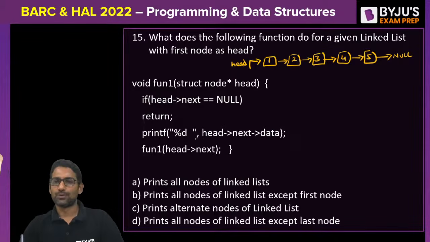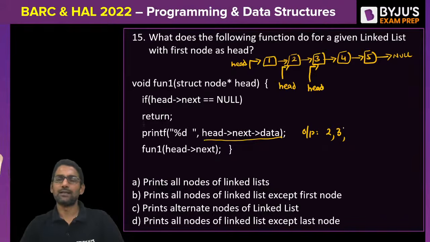No. So print head next data. So what gets printed? 2 gets printed. And call the function on head next. So head comes here. Is its next null? No. So print its next data and move on.